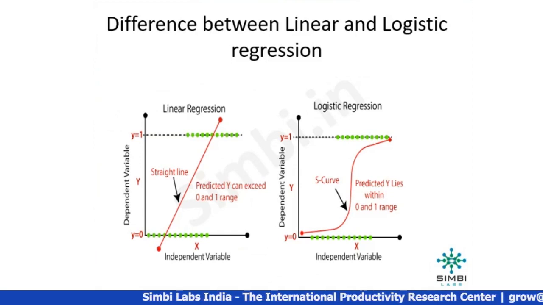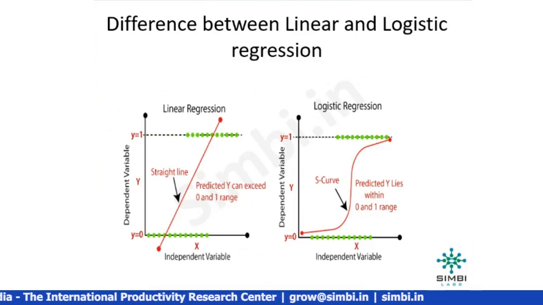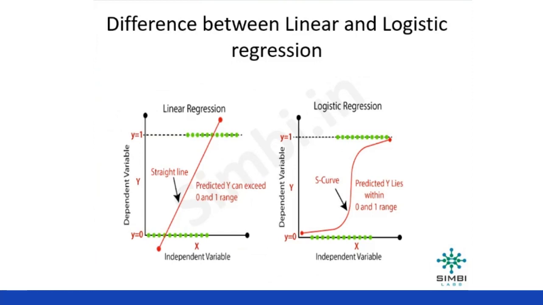Also, in linear regression we predict the value of continuous variables, but in logistic regression we predict the values of categorical variables. In linear regression, we find the best fit line by which we can easily predict the output.